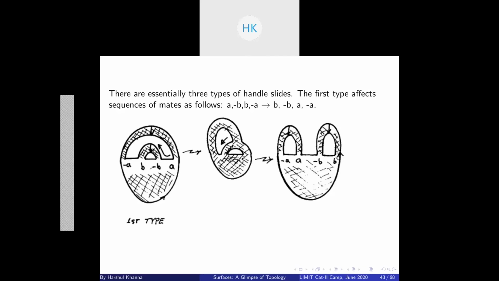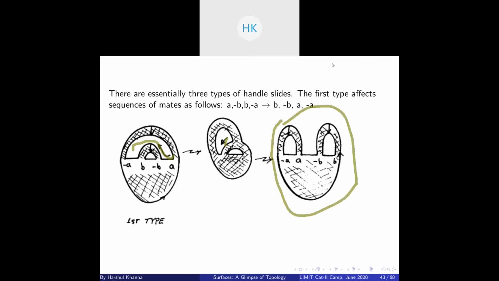So you basically come here and slide it over here like this, and you get this. Everyone sees how this is possible? Just say yes or no in the chat. Everyone, yes? Okay, cool.